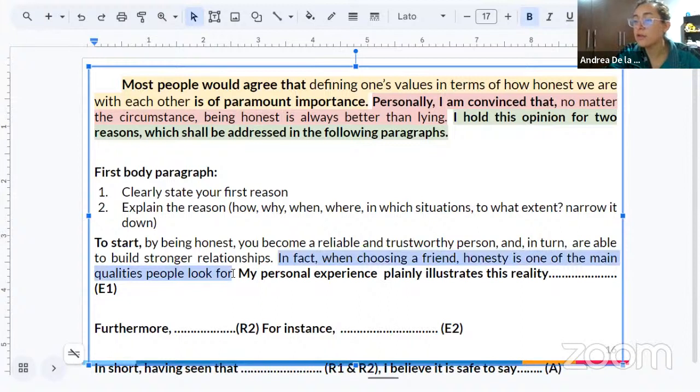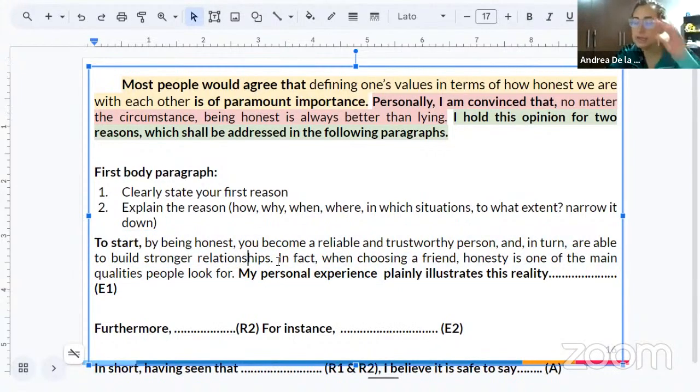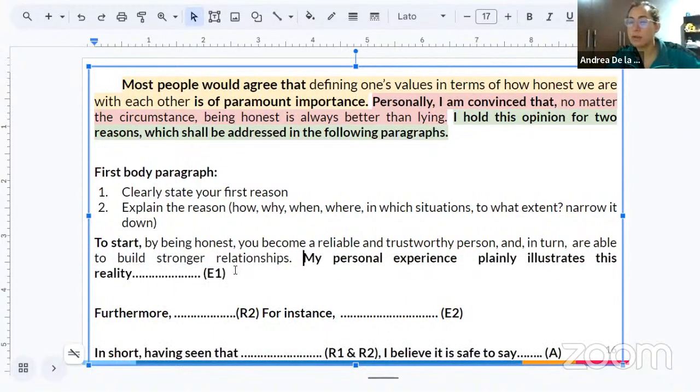So that's another context that you can give for your reason. So what I mean is, in the first sentence, talk about the reason in general, relationships in general. And in the second one, you explain a little bit, being a little bit more specific, right? So maybe with friendships, maybe we can talk about romantic relationships, as I said, talk about the fact that lies are the reason why most relationships fail.